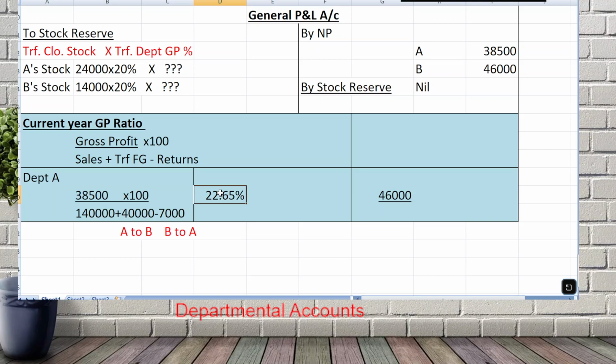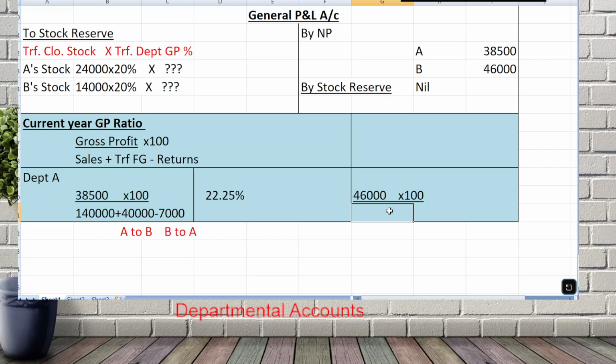It's a very good problem. How much percentage? 22 point. His is 46,000 divided by something into 100 divided by something. What is the sales of B?